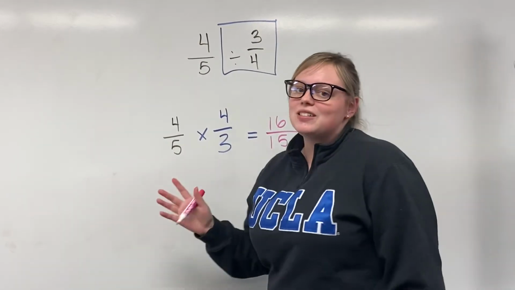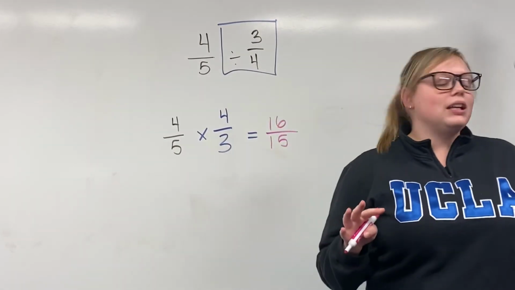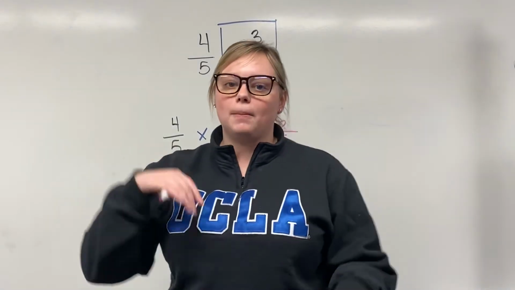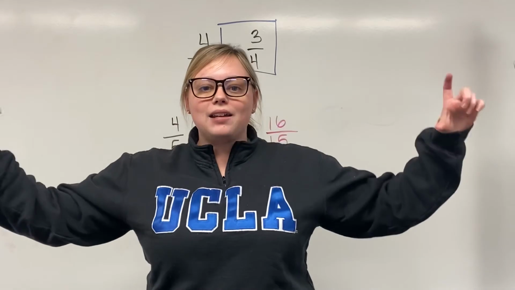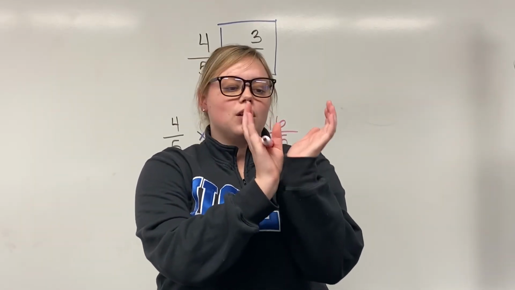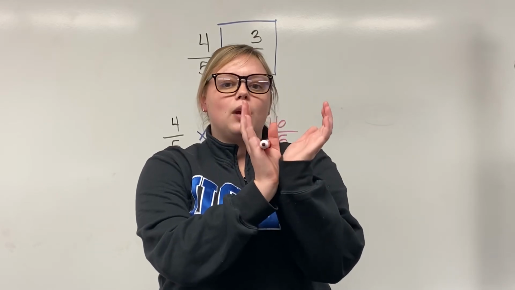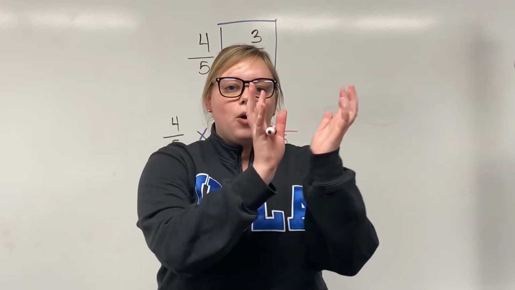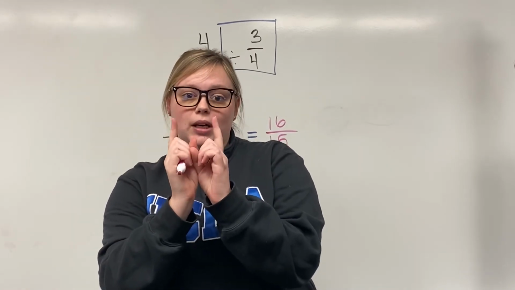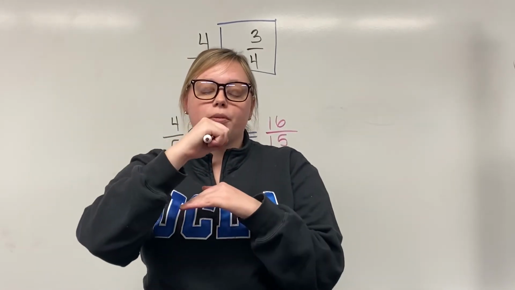Now, what I need to do is step 3, and I need to simplify. And this is where I'm going to make it turn into a mixed number. So this is where, when you had the tape diagram, I found a total of 6 out of the 8, and I chunked that, and I pulled out that whole number. And now I'm going to take those 2 extra and put it over my denominator.